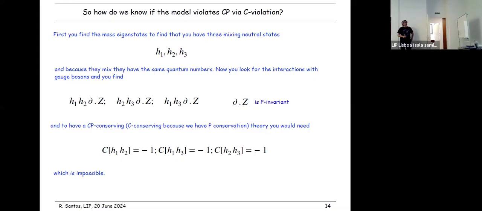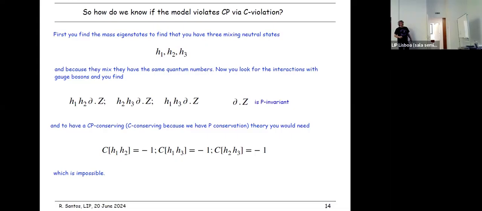So this means that for this to be CP conserving, in this case C conserving, because let me tell you again that Z has C minus 1, you would need a -1 here to multiply this -1 for C. So C of H1, H2 would have to be -1.